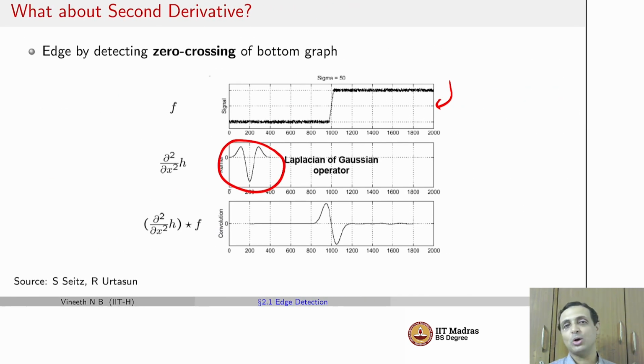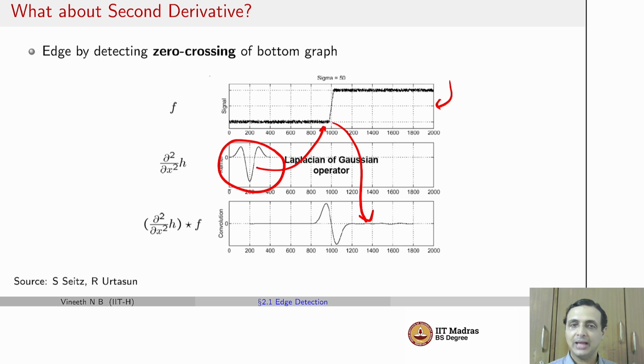The second derivative of the Gaussian is called the Laplacian of Gaussian. We will see that in more detail very soon. The Laplacian of Gaussian can also be used to directly convolve on the image, and now you get an output something like this.